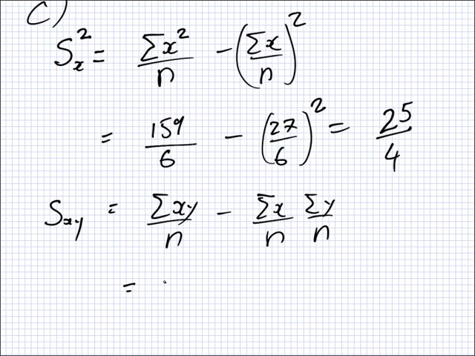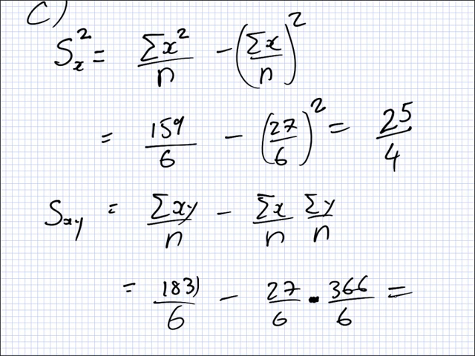So that one is 1831 over 6 minus 27 over 6 times 366 over 6.